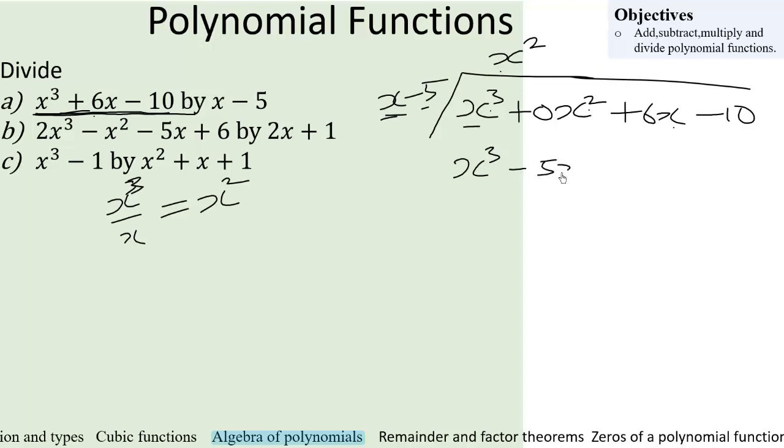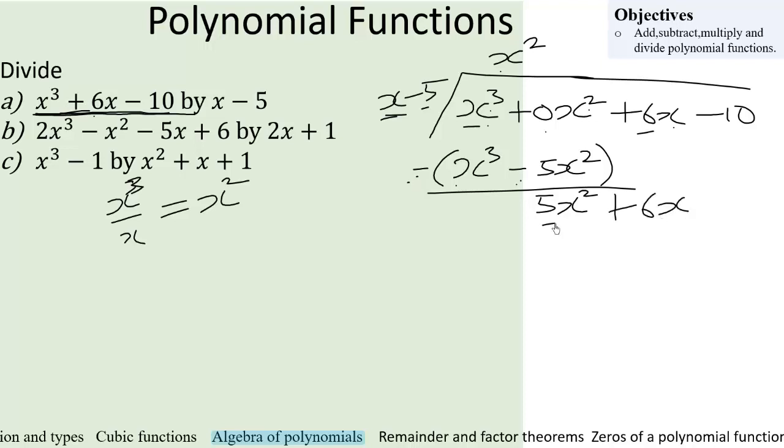So minus 5x squared. Then you subtract. So x cubed minus x cubed will be 0. Then 0x squared minus negative 5x squared will be positive 5x squared. Because negative becomes positive.